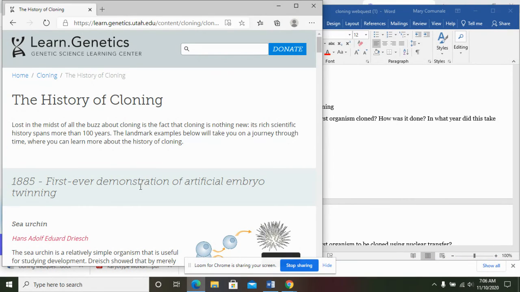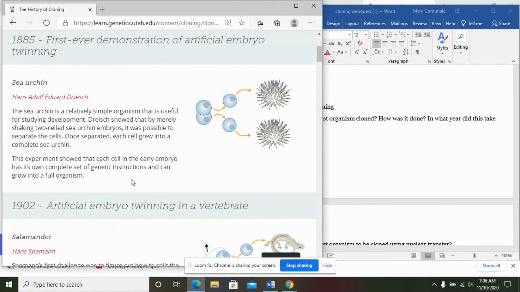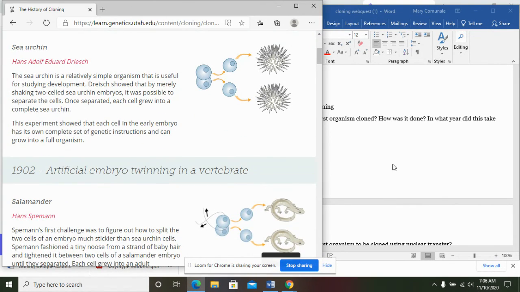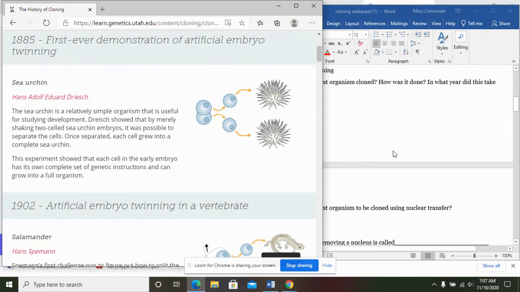We come up here, the first ever demonstration of artificial embryo twinning was done in 1885. And it looks like it was a sea urchin. So how was it done? It was done by artificial embryo twinning. It took place in 1885, and it was a sea urchin.